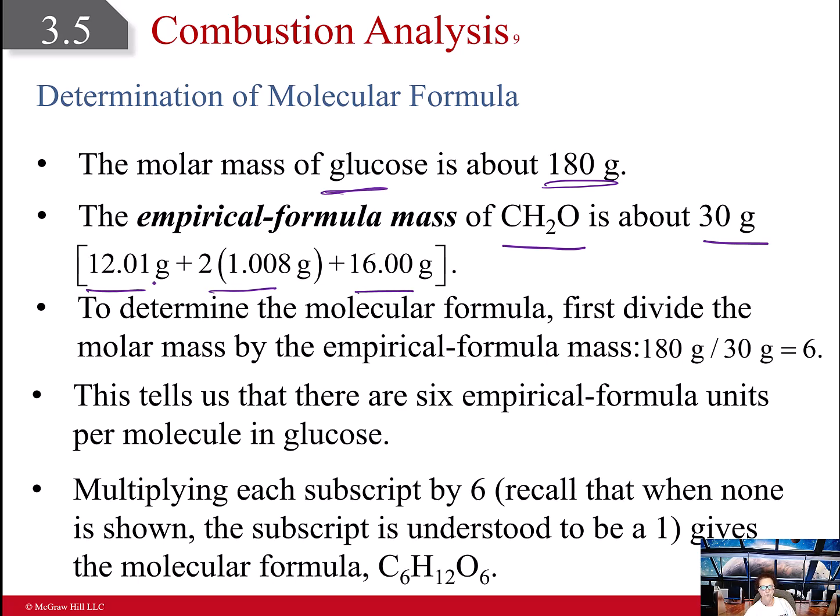So if I want to know what the molecular formula is, like the actual formula, not the empirical, then I divide the molecular mass by the empirical mass, and that gives me a factor of 6. And so then all I have to do is multiply my CH2O by 6, and that's going to give me C6H12O6. So that's how I am going to go from empirical formula to molecular formula.